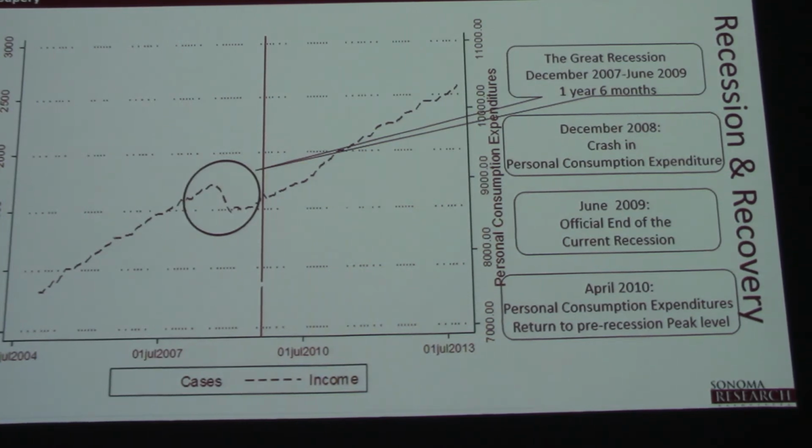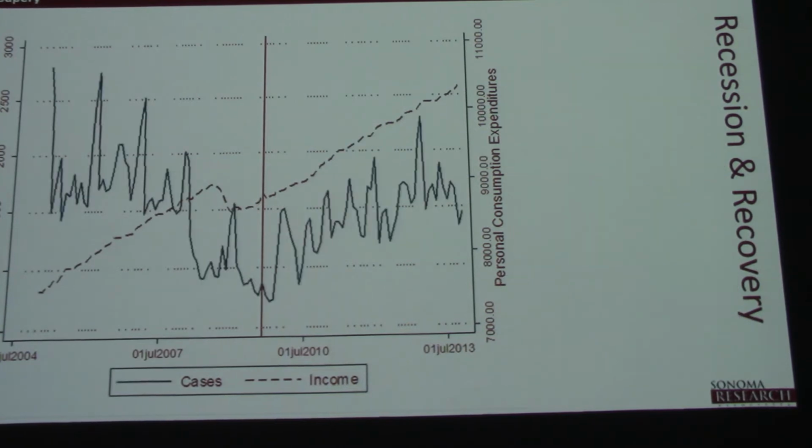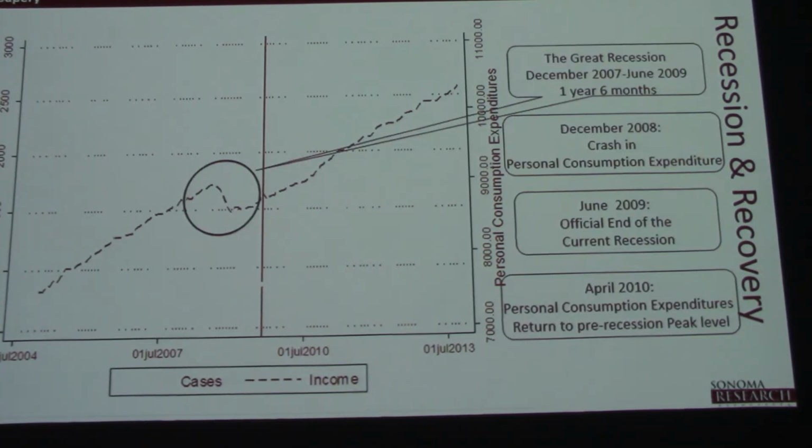But there's the Great Recession, the worst recession since the Great Depression. And you can see that little notch there. December 2008 was the crash in personal consumption expenditures. 2009 was the official end of the recession, but it wasn't until 2010 that personal consumption expenditures reached their pre-recession peak.